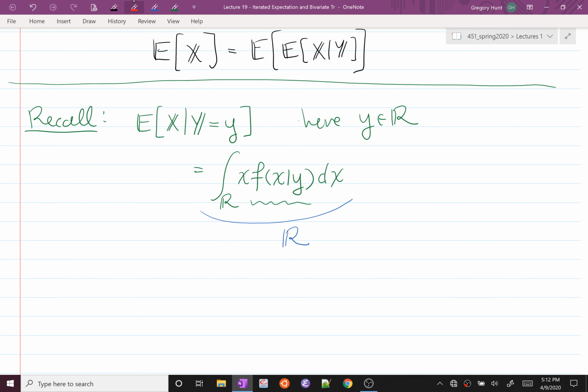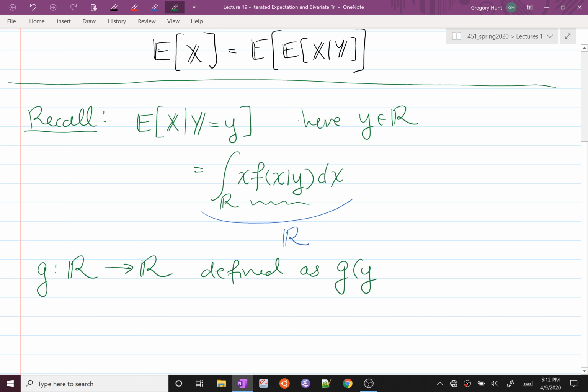And when we calculate this integral, this just gives us some number, some real value. And so we can consider a function that takes in a real number and spits out a real number, defined as, for each value little y, where y is some real number, g of y is going to be the expected value of X given Y is little y.